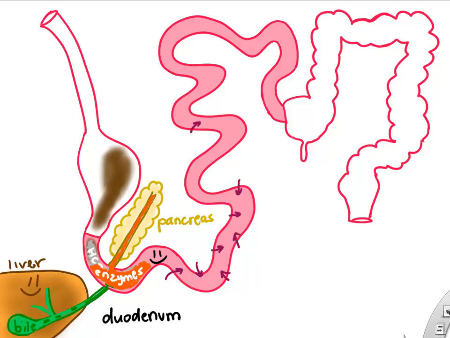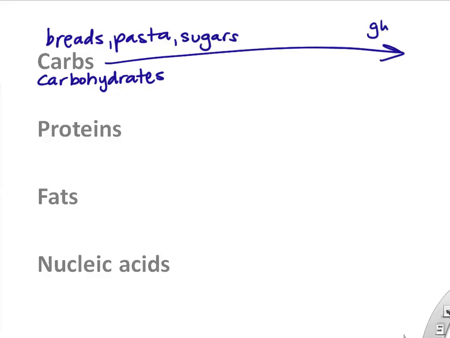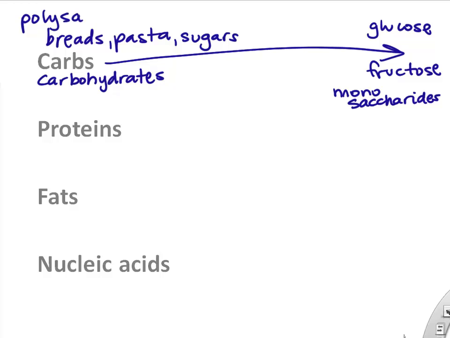But the small intestine cells can make enzymes themselves. Those simple columnar epithelial cells in there make plenty of enzymes which help finish off the digestion. So let's look at carbohydrates, or carbs, first. We basically want to break down the carbs to monosaccharides or simple sugars like glucose and fructose. So we start with polysaccharides, carbohydrates.